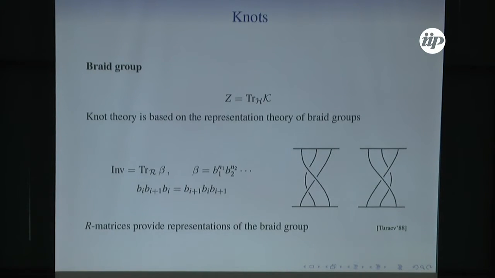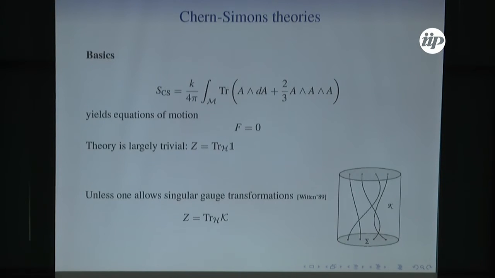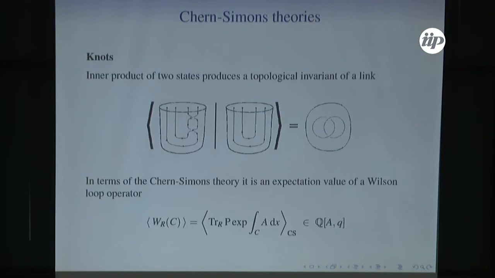So the theory of knots and invariants of knots is closely connected to representation theory of the braid group. In particular, if we take this relation that I've shown before, you can think of this diffeomorphism K that acts on the boundary of the cylinder as a braid group operation that interchanges or twists the lines.